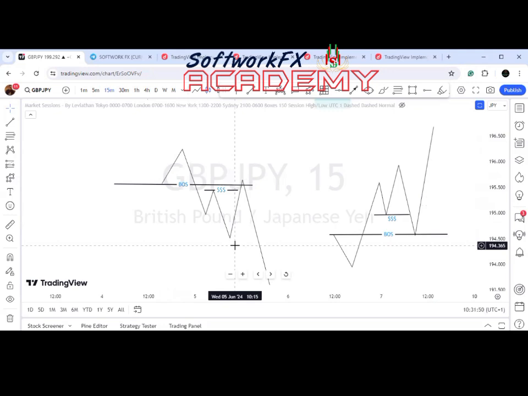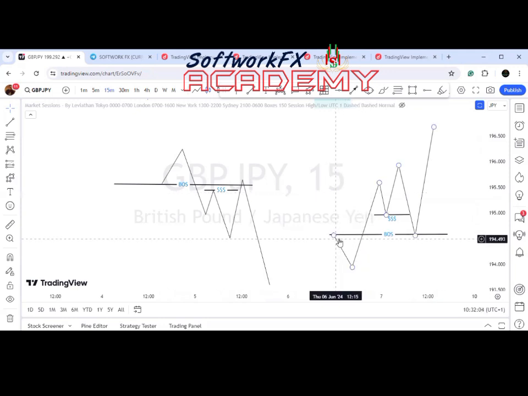Then we expect when price returns into it, you sell from there. And this is the scenario of a sell. For a buy, it's just the opposite. Price broke through a former supply zone, a failed supply zone, then price returned into that area. It becomes a flip zone or a breaker block.